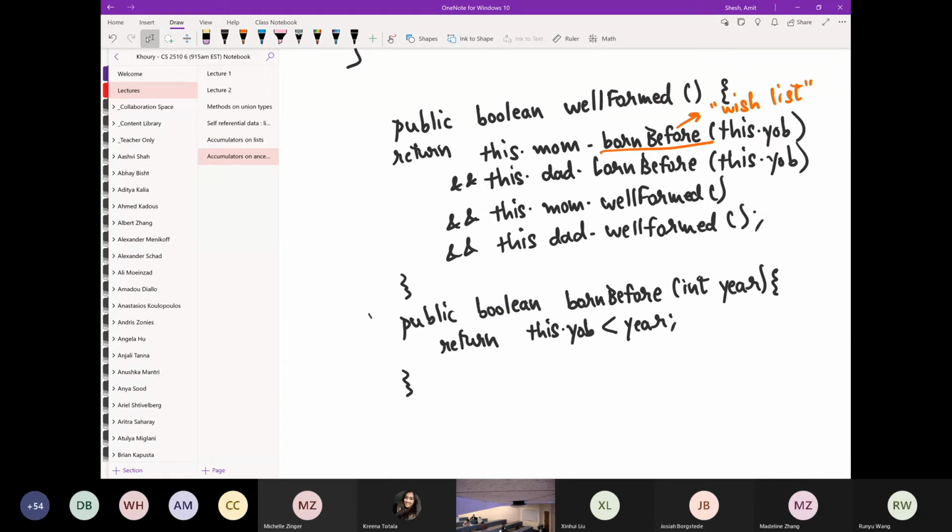Let me first see if everybody has understood this method before we come back to this problem. Are there any questions? With the caveat that born before doesn't always seem to be doing what its purpose says it's doing. None? Okay.